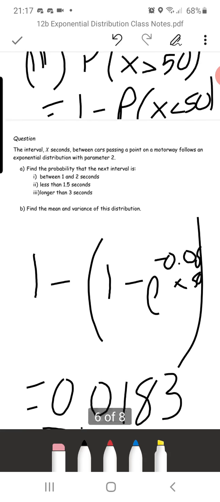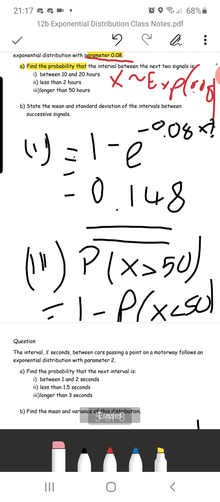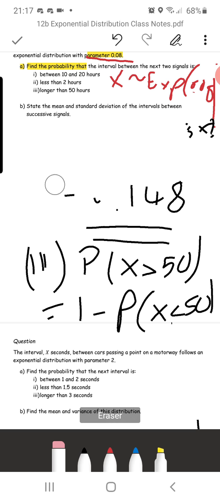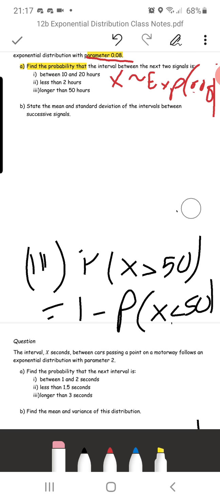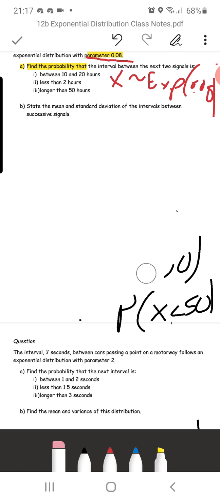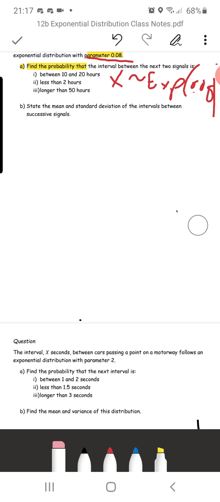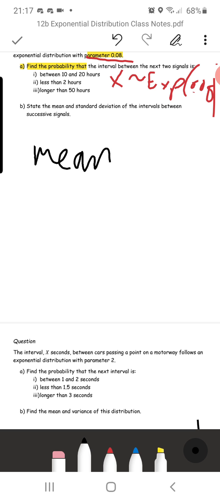And just to complete it all off, if we have a look at part B, it asks for the mean and standard deviations. Now I'm going to do this properly. Now I know the trick about standard deviation, however, in the formula booklet, you have the mean of the exponential, which is 1 over lambda.